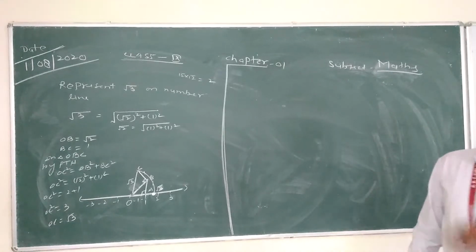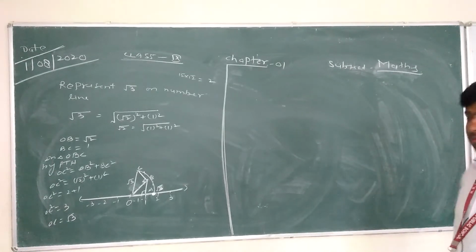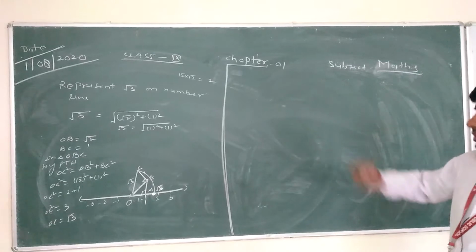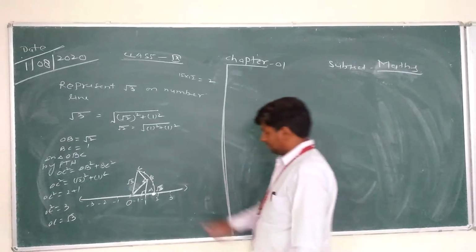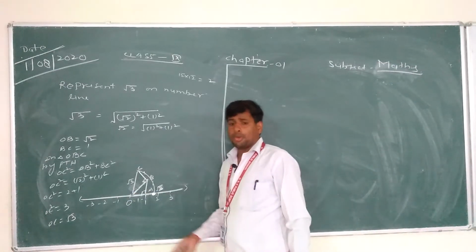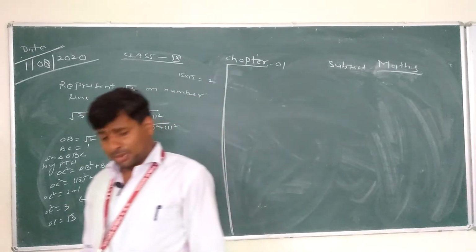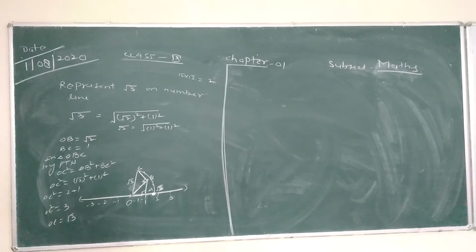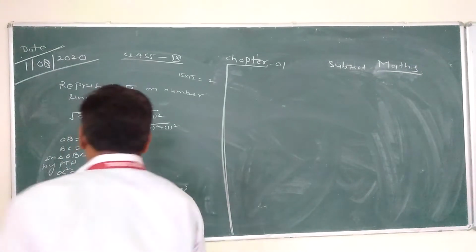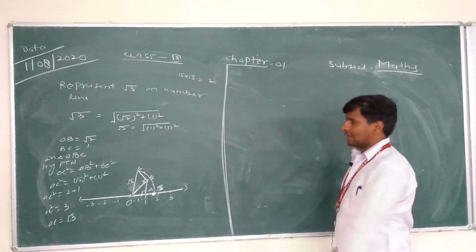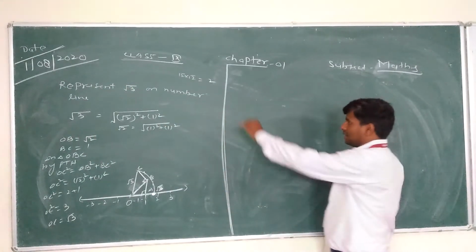Same process. We can represent root of 4, but root of 4 means a rational number. So root of 2 and root of 3, root of 3 depends on root of 2. Then after that we can take another example, that is root of 5.